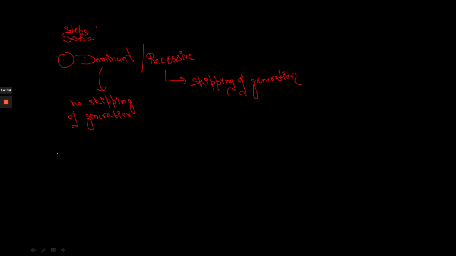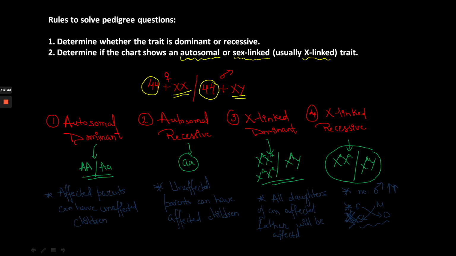Okay, now the second thing that you have to identify is whether the disease is autosomal or X-linked. We have already talked about some very precise signs indicating whether it is autosomal dominant, autosomal recessive, X-linked dominant or X-linked recessive.